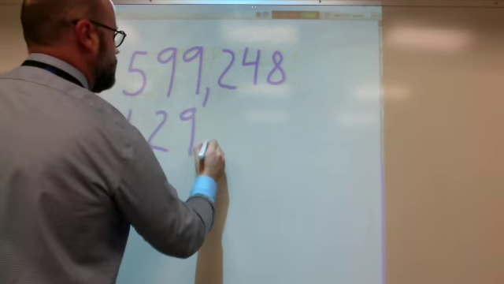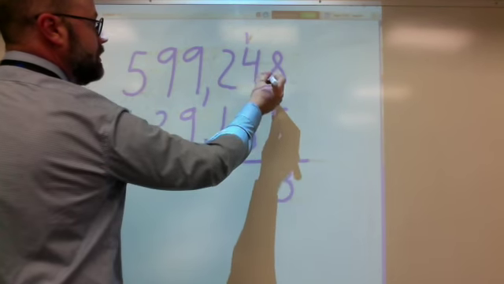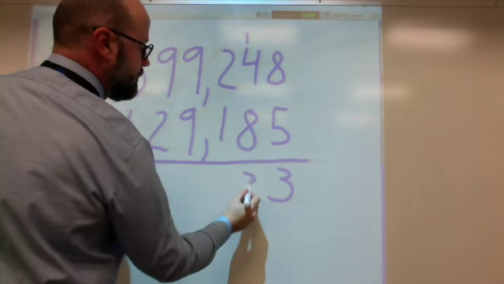Now remember, guys, all you have to do is add to see if you get the bigger number that you were subtracting from. If those two numbers match up, 8 plus 5 is 13. Carry the 1. 4 plus 1 is 5, plus 8 is 13.